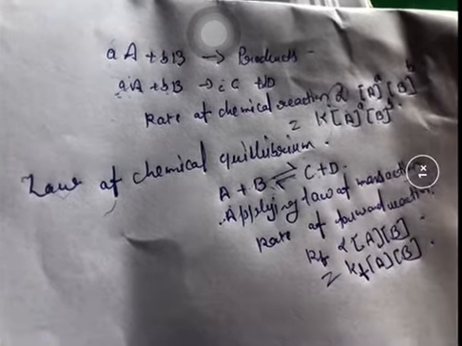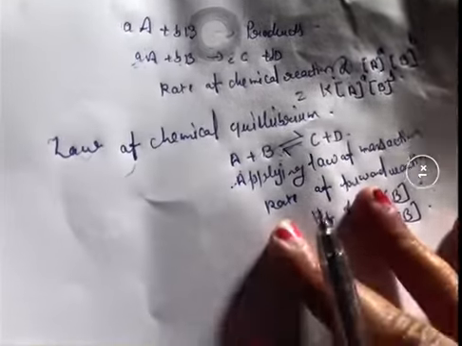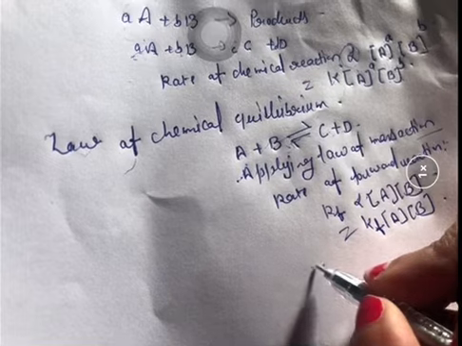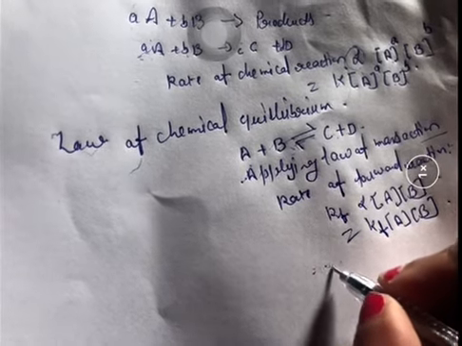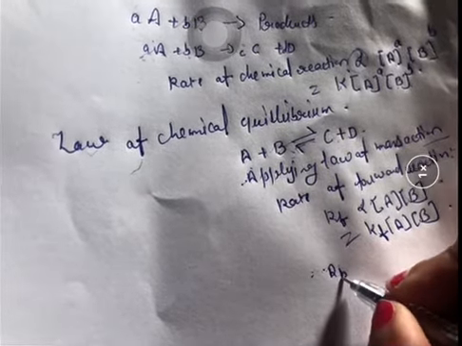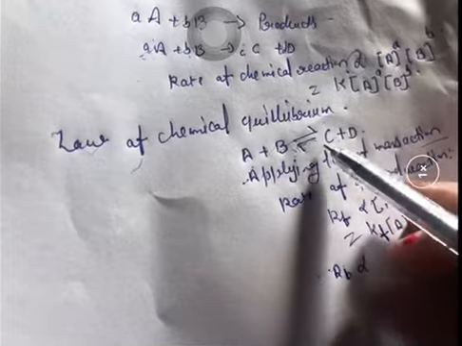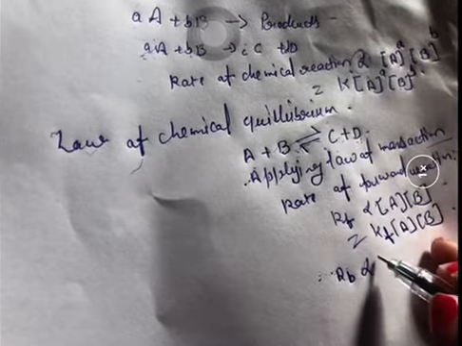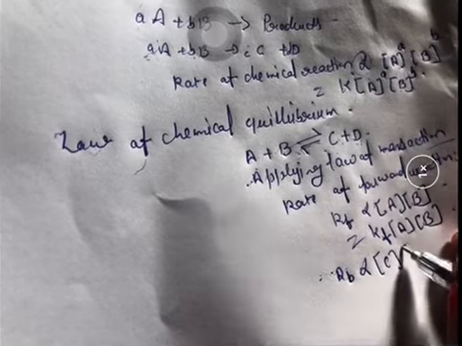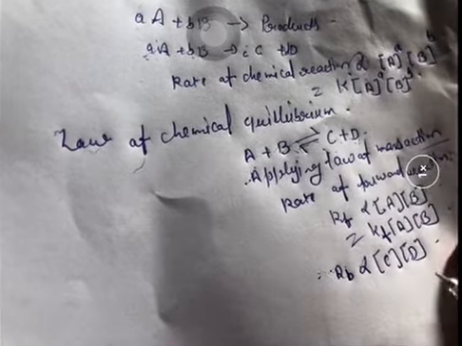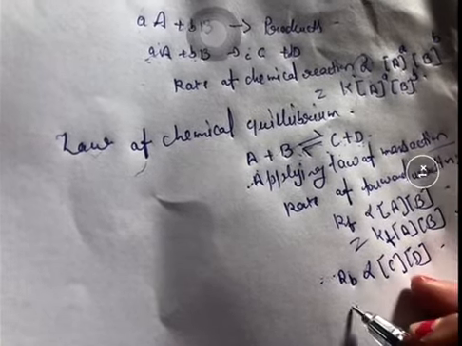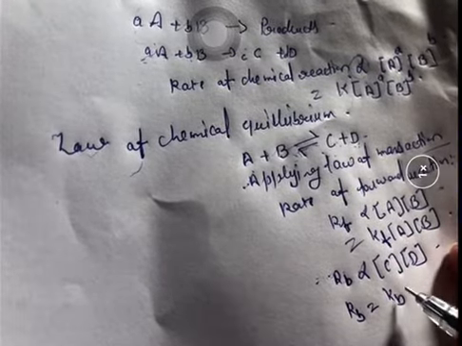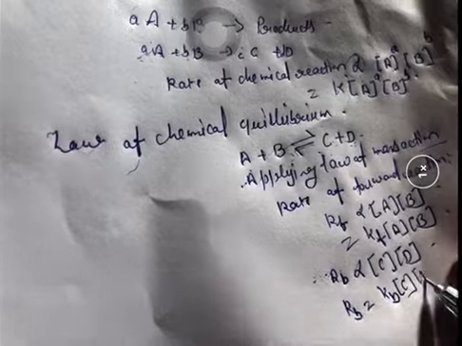Clear? And now the rate of backward reaction, I can write with RB, that is directly proportional to the product of molar concentration of products. To remove the proportionality, I can use Kb as the rate constant for the backward direction.